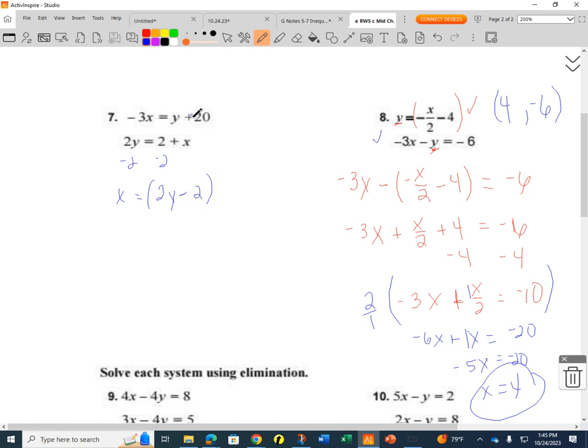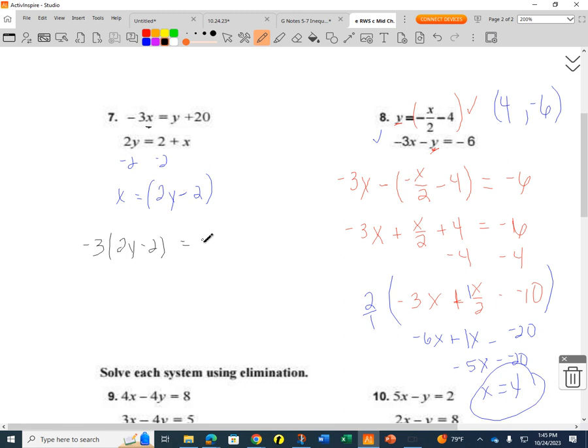So the x is here. So instead of x, I'm plugging in 2y minus 2. So negative 3 times 2y minus 2 equals y plus 20.